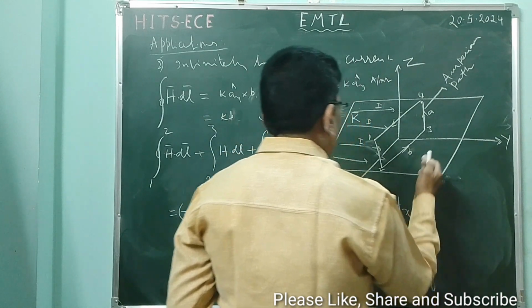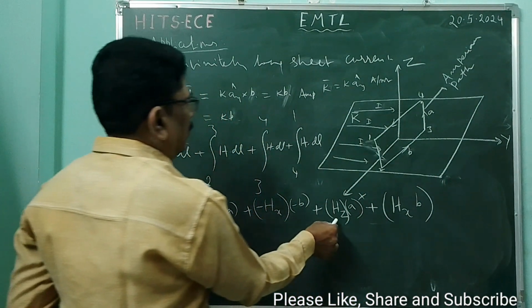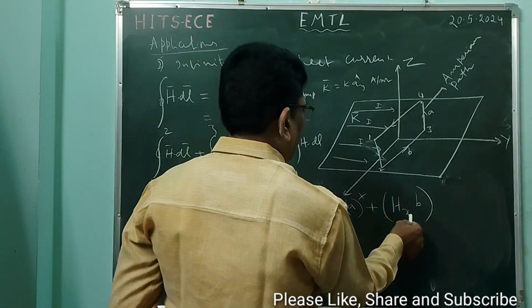Hx into B. So 1 to 2, 2 to 3, 3 to 4, 4 to 1.